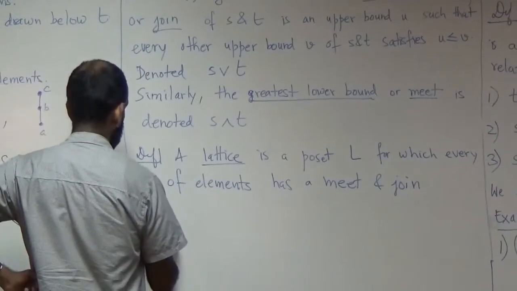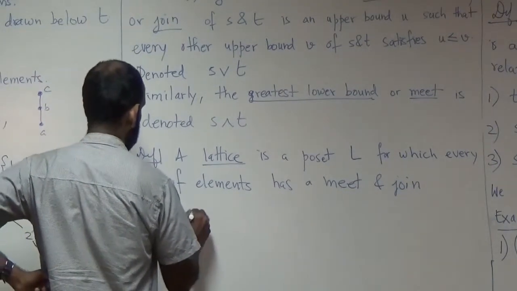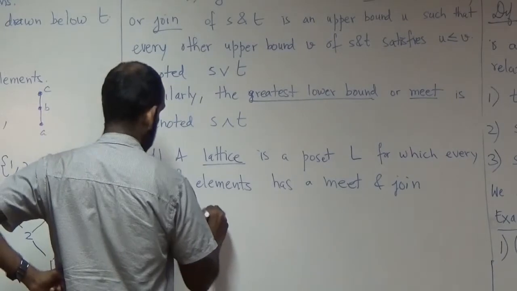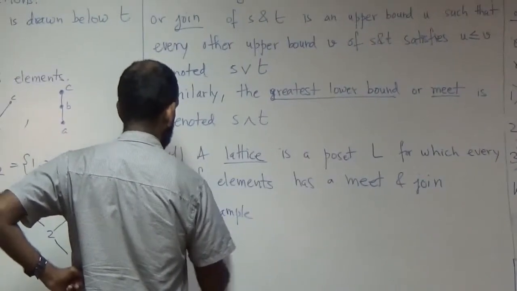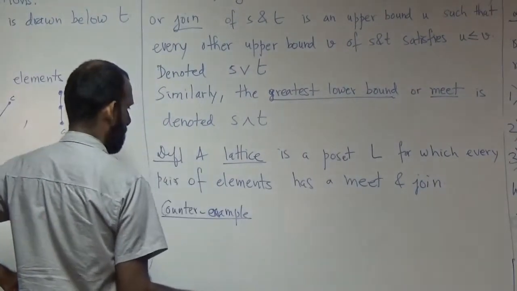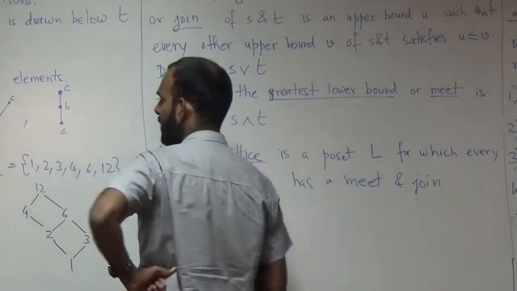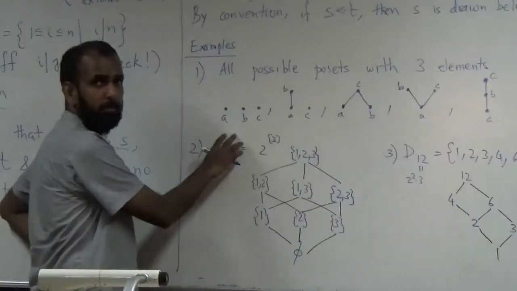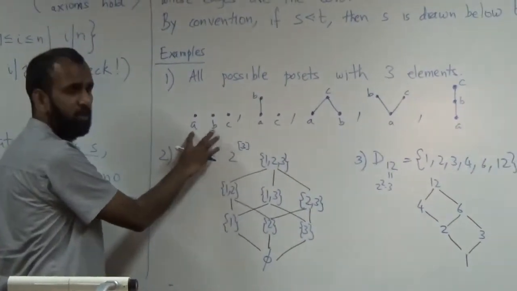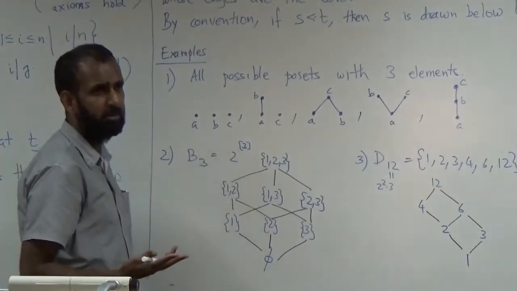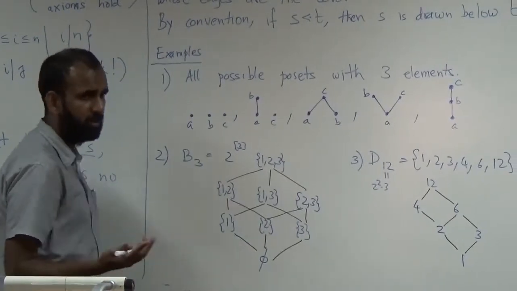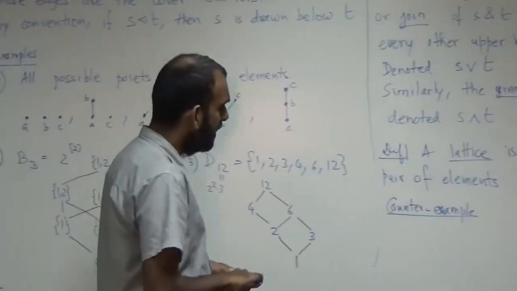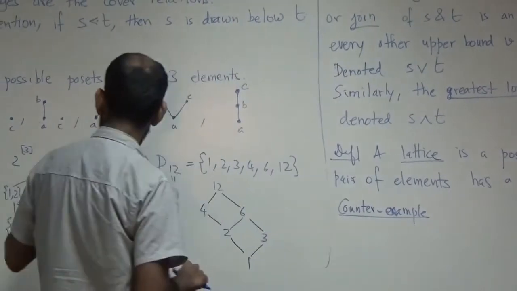A counterexample, if someone believes that everything is a lattice, is to take, well actually this is already an example, because if I take two of these elements, they don't have a meet, or a join, right? There's nothing, they don't even have upper bounds.